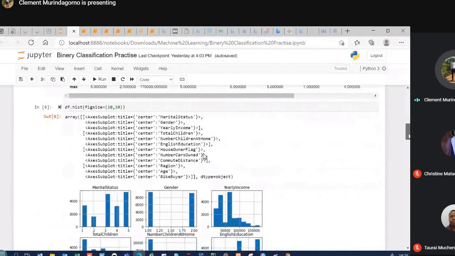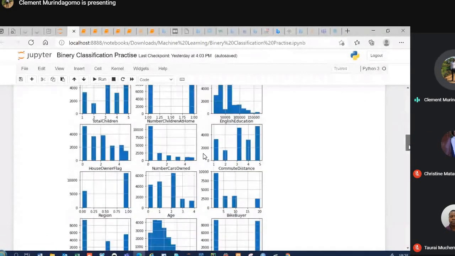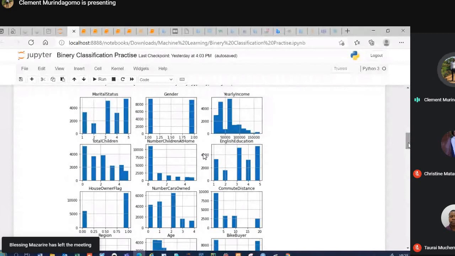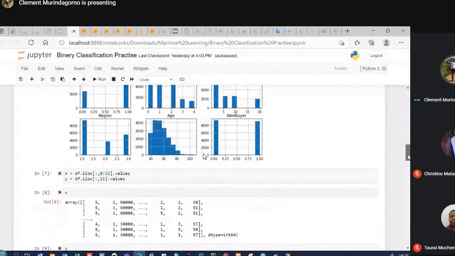And then here I managed to plot the histograms so that I can get a pictorial view of my data set in terms of the distributions of the values. Then from here, this is where I was saying I missed it. I didn't scale. I think that's the error that I made, because it ended up giving me a test of 50 something percent, but I think that's where I missed it, maybe to reach something above 60 or 70%.